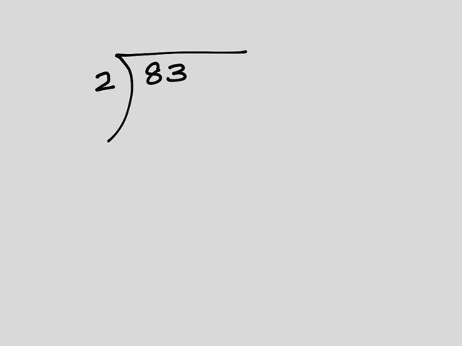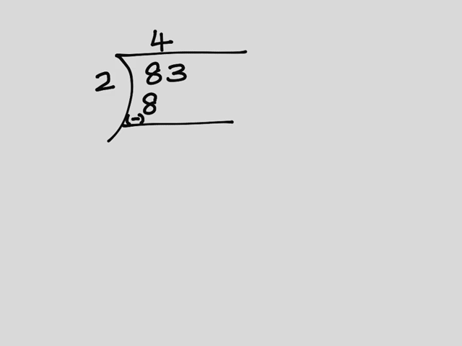We know 2 times 4 is 8. So let's write 4 in the place of the quotient. So 2 times 4 is 8. The next step is subtraction. So we have to subtract these two numbers.